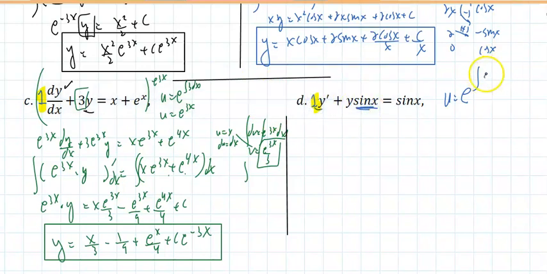P of x is the sine of x dx. So u is going to equal e to the negative cosine of x. Kind of odd. Okay.